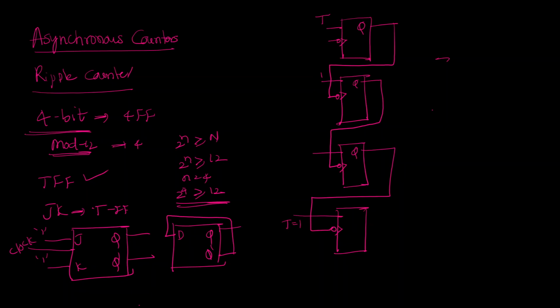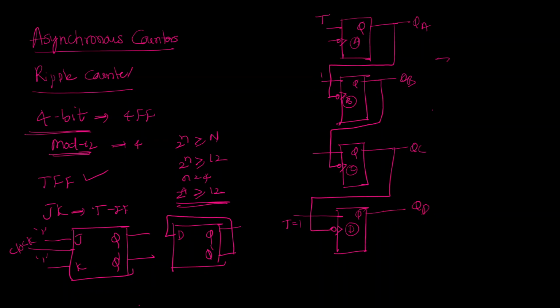Now for all the flip-flops, there is an output that we are taking. Let's say flip-flop A, flip-flop B, flip-flop C, flip-flop D. So this will be QA, this will be QB, this will be QC, and this Q is QD.